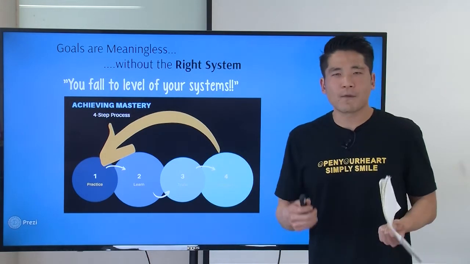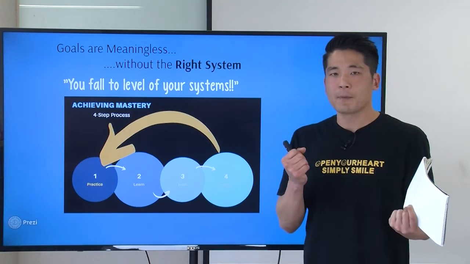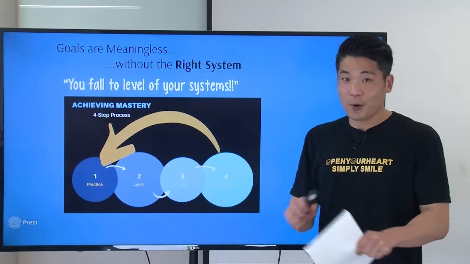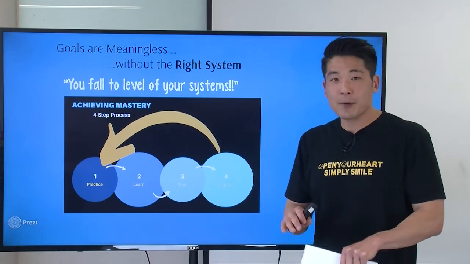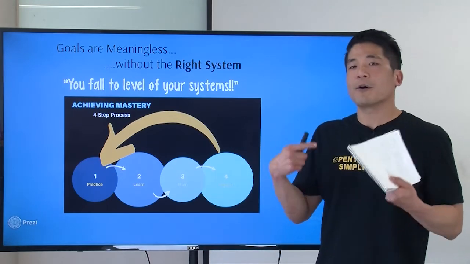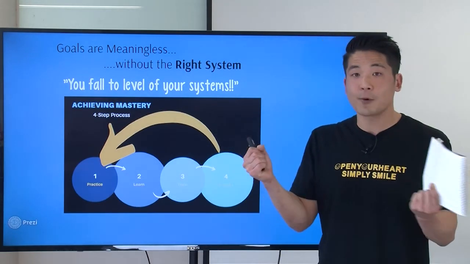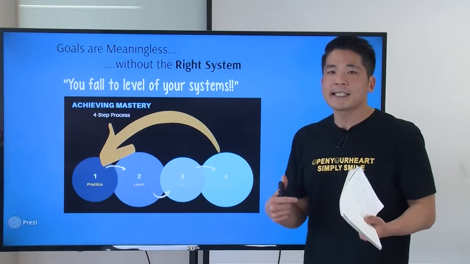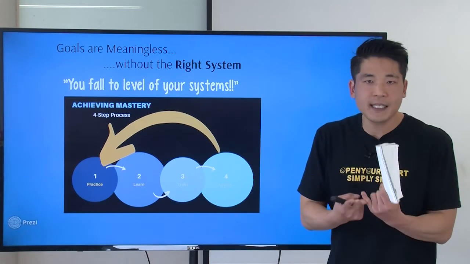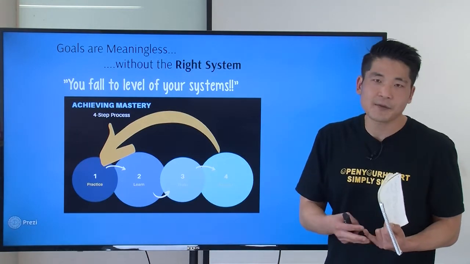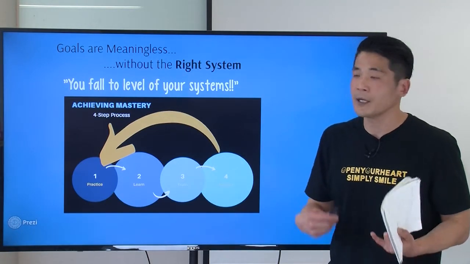So if you ask yourself, what's the difference between these 2 people? You cannot say it was the goal, because they had the exact same goal. The thing that makes all the difference between whether or not a person succeeds or doesn't is the systems. It's the habits, the routines, the processes that people have in place.